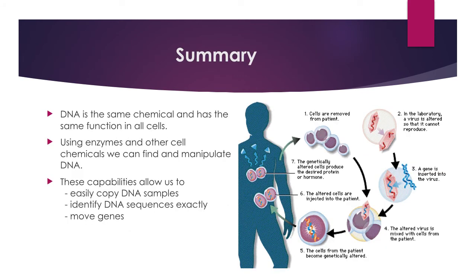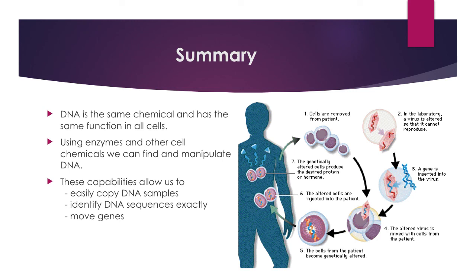So the summary here is DNA is the same chemical in all cells. Using enzymes and other chemicals, we can find and manipulate DNA. And we can do it in test tubes, and we can do it in automated systems. These are important features because not only can we figure out now what organisms are doing, we can use these things to identify and copy DNA samples, identify DNA sequences, and move genes from one cell to another.